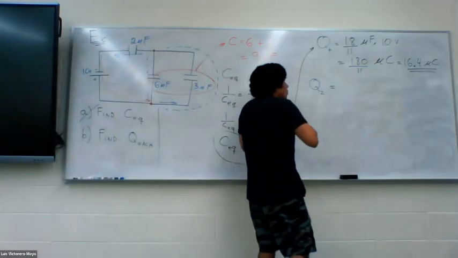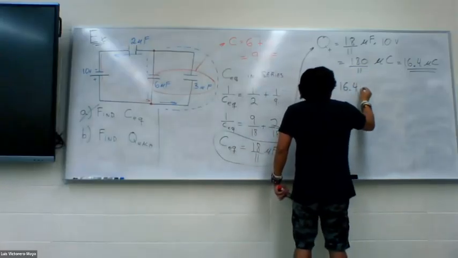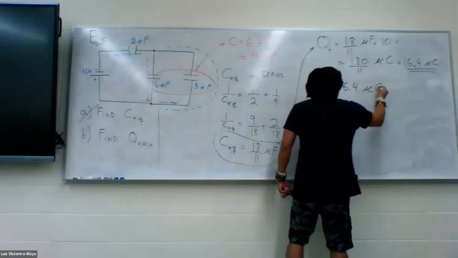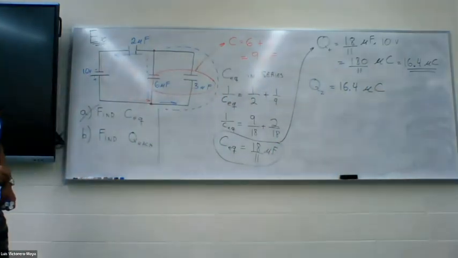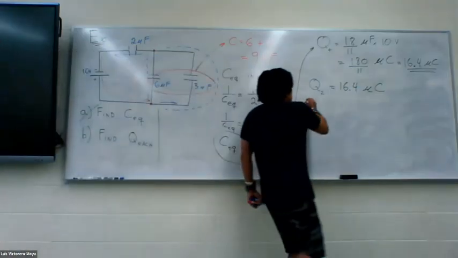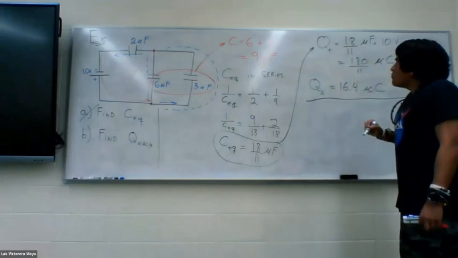So the charge on 2 is 16.4 microcoulombs. Now I just need to split the charge between 6 and 3. All right. Okay.